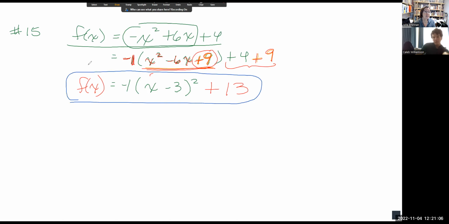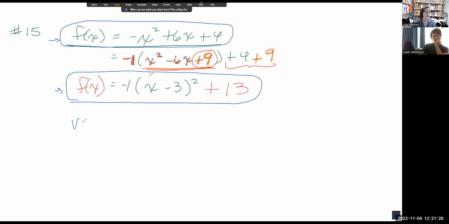If you plug this in and if you plug the original function in, they should graph exactly the same parabola. You can check it in Desmos or your graphing calculator. They're algebraic rearrangements of each other. So this and this should graph exactly the same parabola. Okay? So what is the vertex? What is the vertex here?